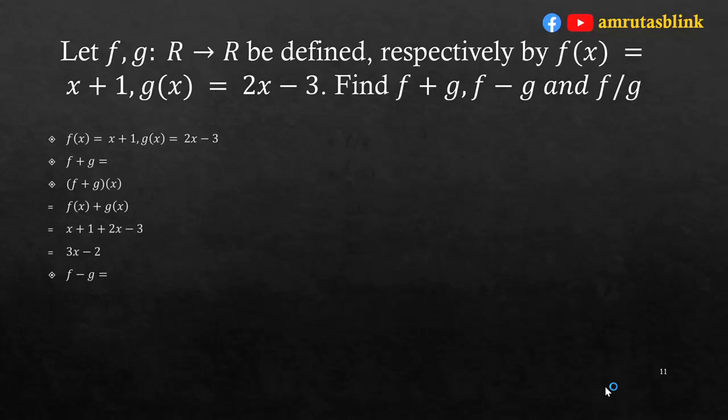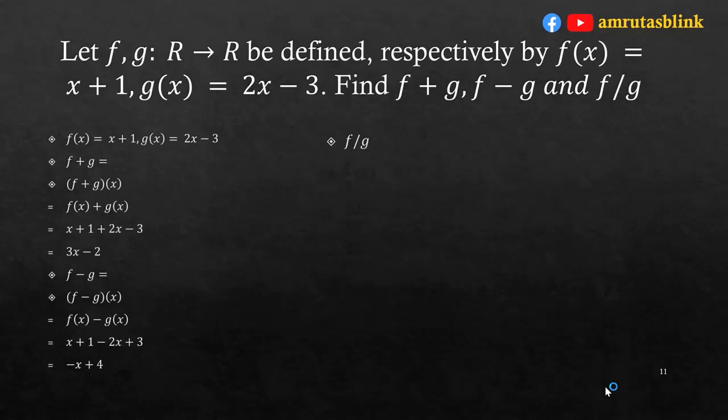Similarly, (f minus g) of x is equal to f of x minus g of x. That is x plus 1 minus (2x minus 3). So, signs will be reversed, that is minus 2x plus 3. Hence, it is equal to minus x plus 4.